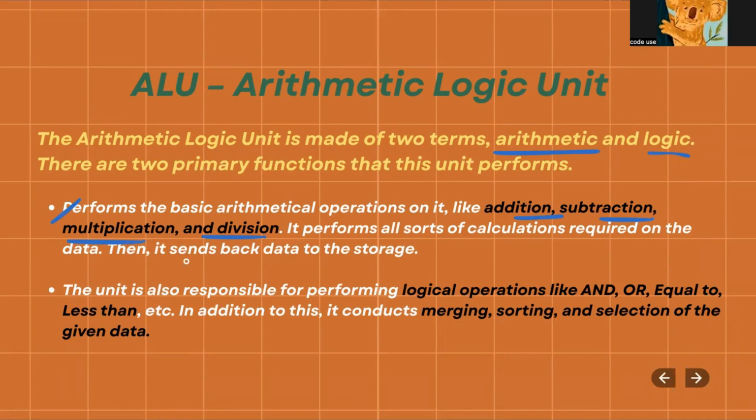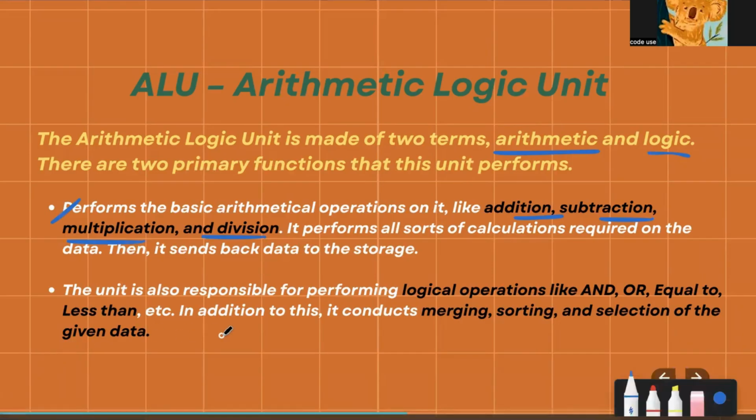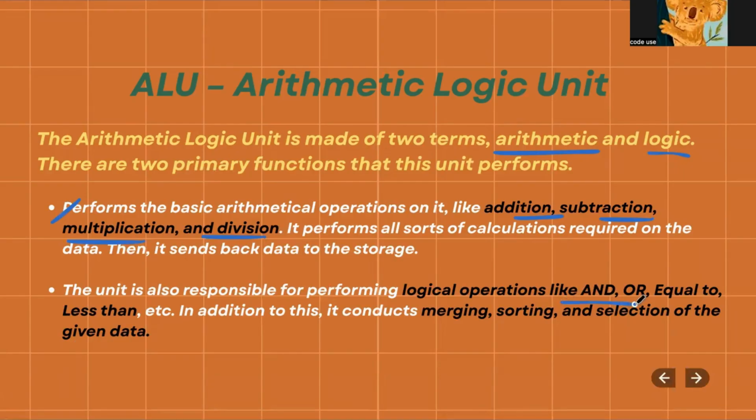That is what is mentioned here. Next, the unit is also responsible for performing logic operations: and, or, not, equal to, less than, greater than. These all come under the logic operations, and comparison operators also come under this. In addition to this, it conducts merging, sorting and selection of the given data.